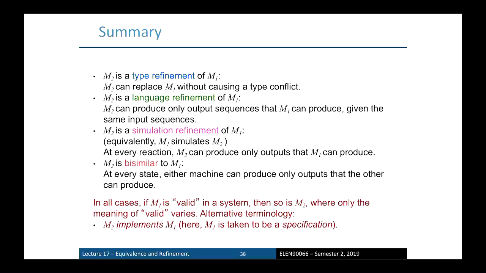And we say that M2 implements M1, if M1 is a specification, if M2 is also valid according to these three or maybe four tick marks. This is now enough tools for you to take two FSMs and show that they are valid to be replaceable or equivalent in some sense.